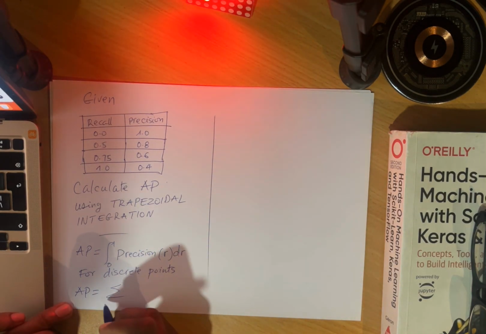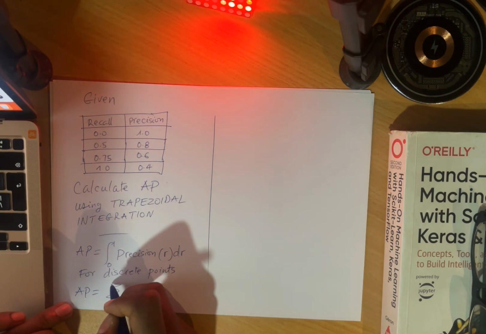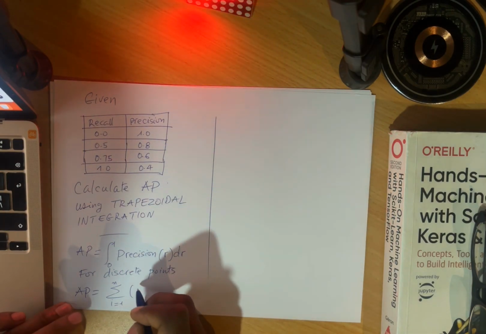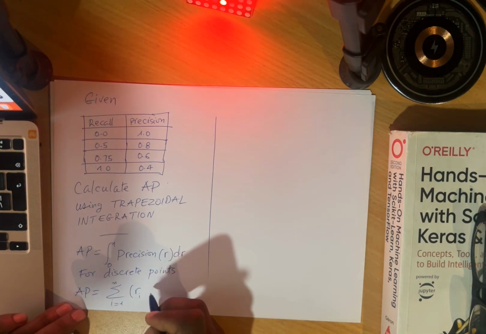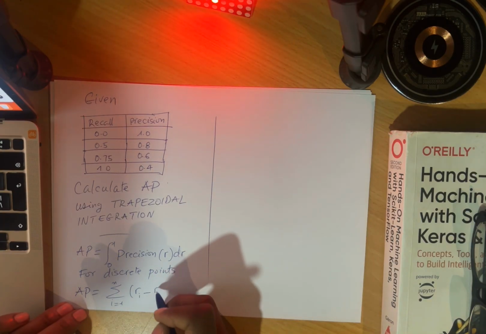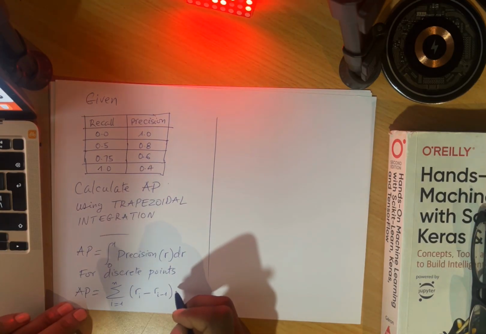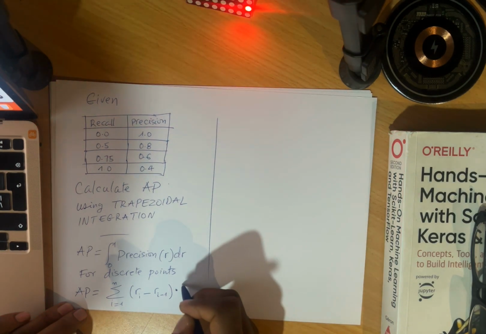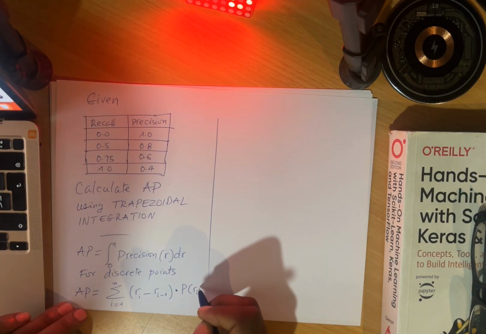It means i from 1 to n, recall i minus recall i minus 1, times precision at index i.